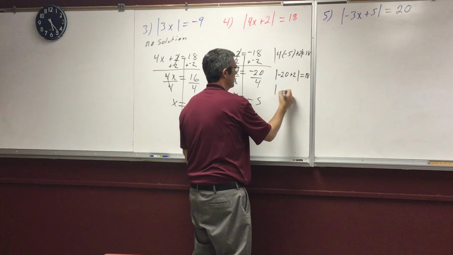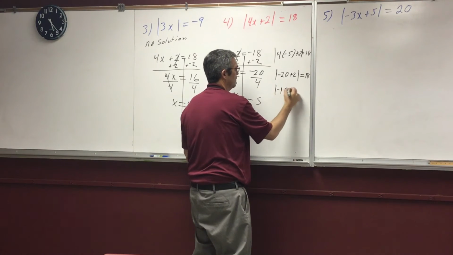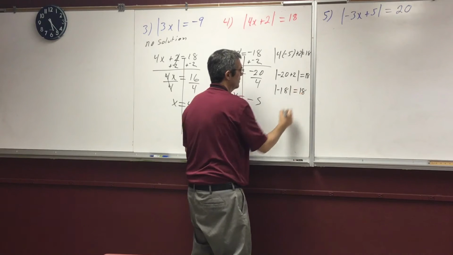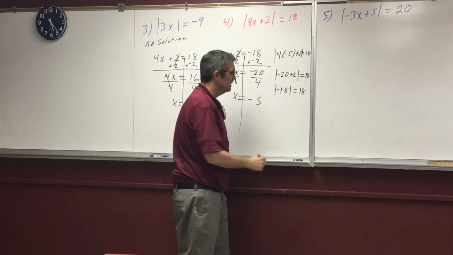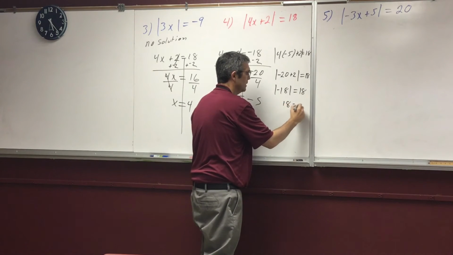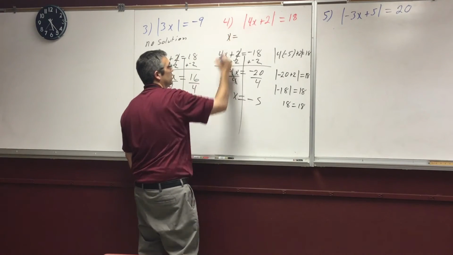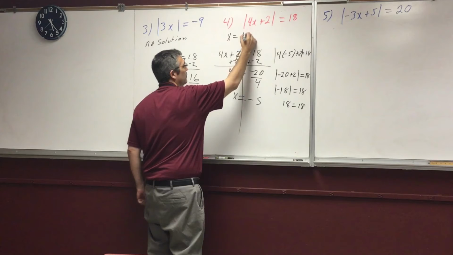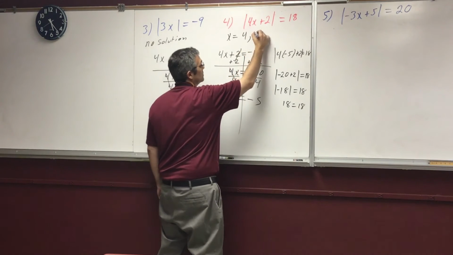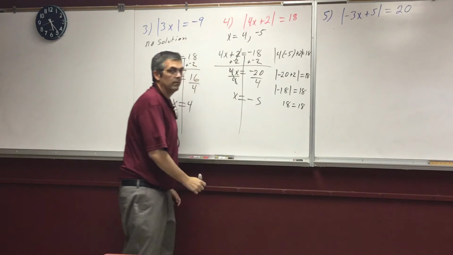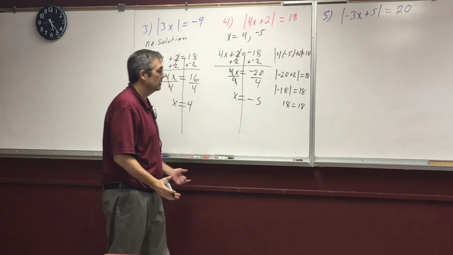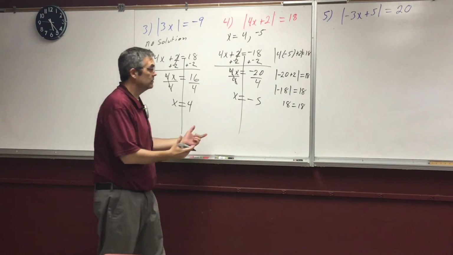Subtract, keep the sign of the bigger number. The absolute value of -18 gets you 18 equals 18. We have a good answer. So our two answers for this are x equals 4 and x equals -5. It's perfectly fine. You're going to have two answers.